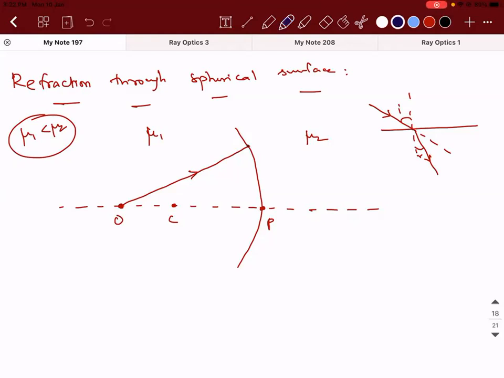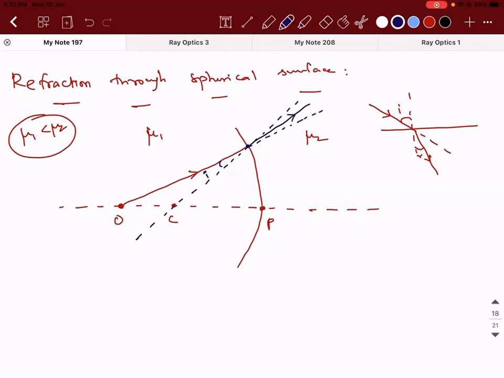So at the point of incidence, what are we supposed to do? You draw a normal line. So this is going to be the angle of incidence, and this is going to be the actual path. Then the ray will start bending towards the normal, something like this.